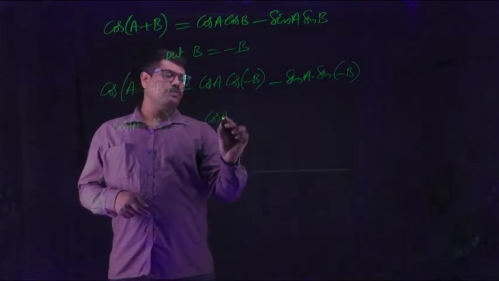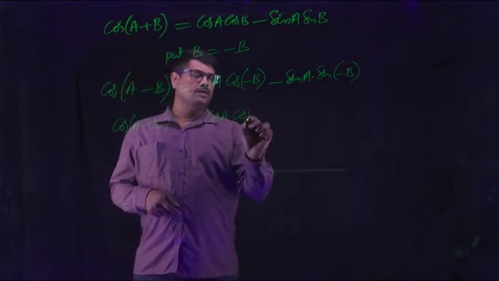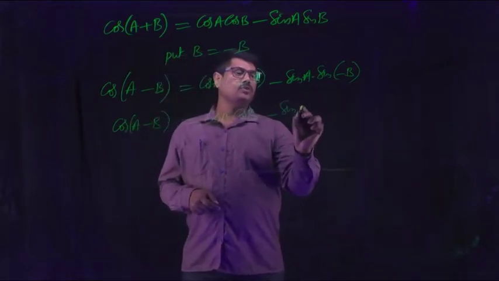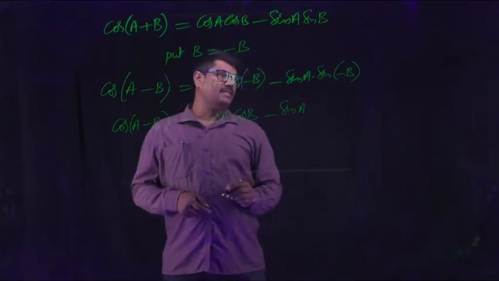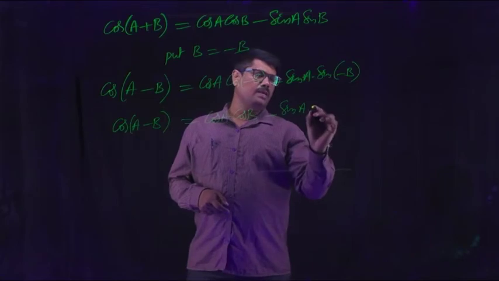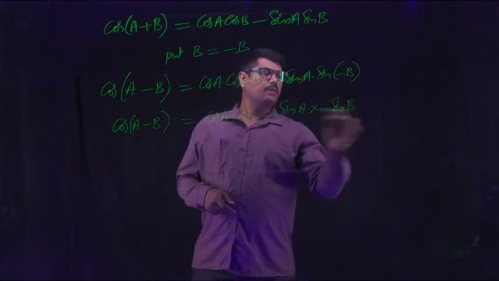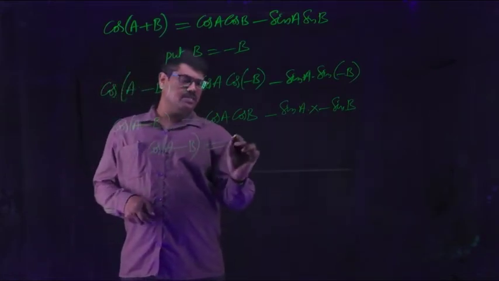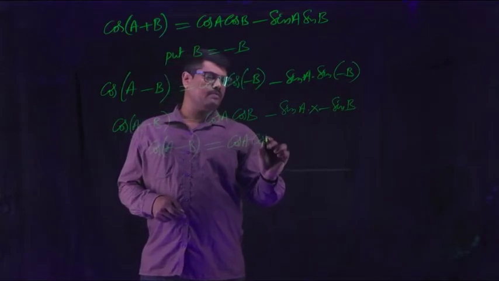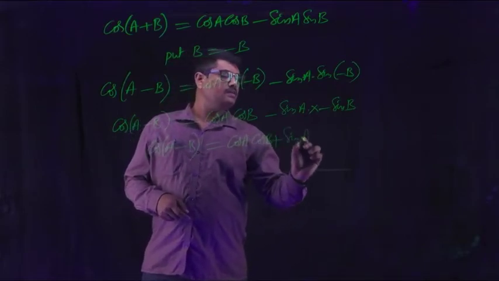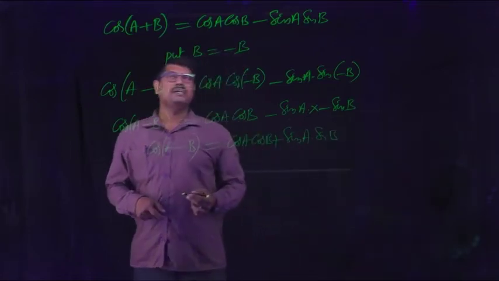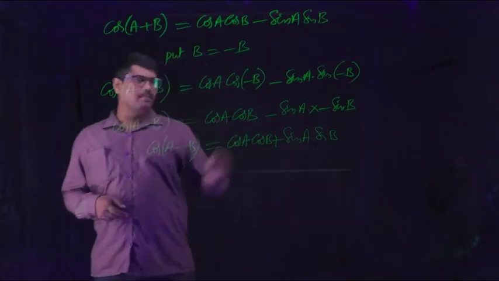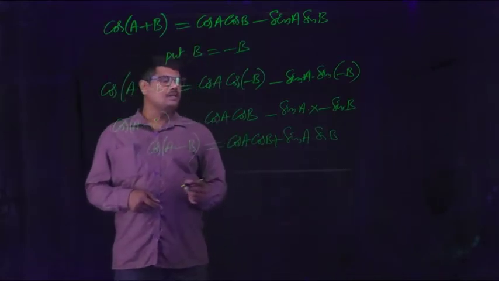Cos A, we know cos minus theta is cos theta, so that cos minus B is cos B, minus sin A into sin minus theta is minus sin theta, so that sin minus B will become minus sin B, minus sin B. So we get the formula cos A minus B like this. Cos A minus B is equal to cos A cos B plus sin A sin B. So by using cos A plus B proof, we can verify cos A minus B also, which is cos A cos B plus sin A sin B.